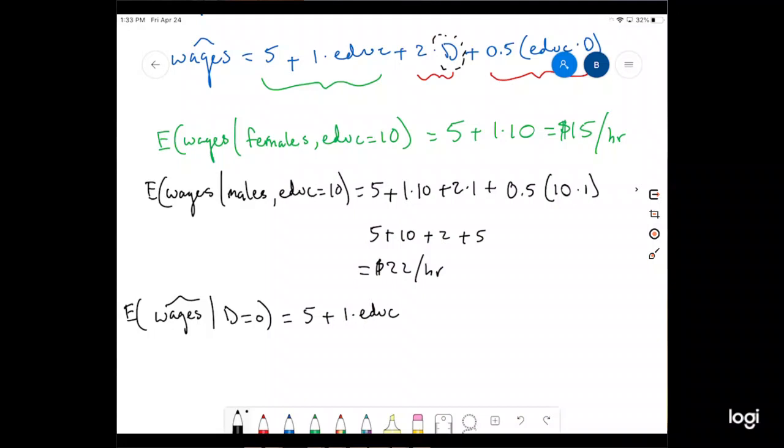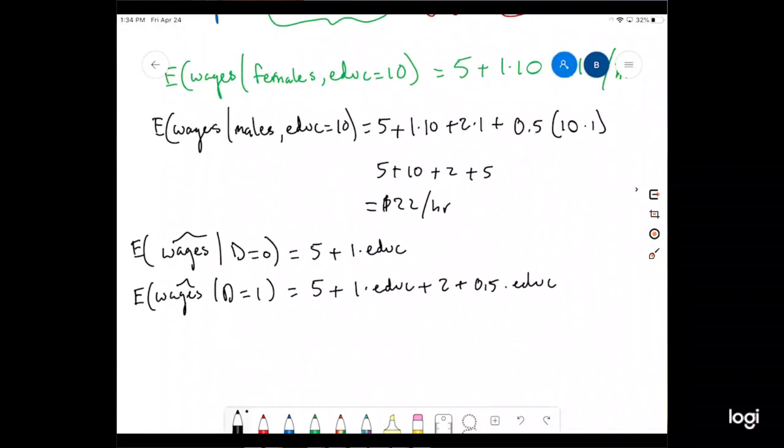Now what does this regression line look like when D is equal to 1? Expected wages conditional on D equals 1 is 5 plus 1 times education plus 2, because D is equal to 1, so I'm just dropping the 1. Well, 2 times 1 is equal to 2, plus 0.5 times education. Again, D is equal to 1, so I can drop that. Then let's simplify this a bit.